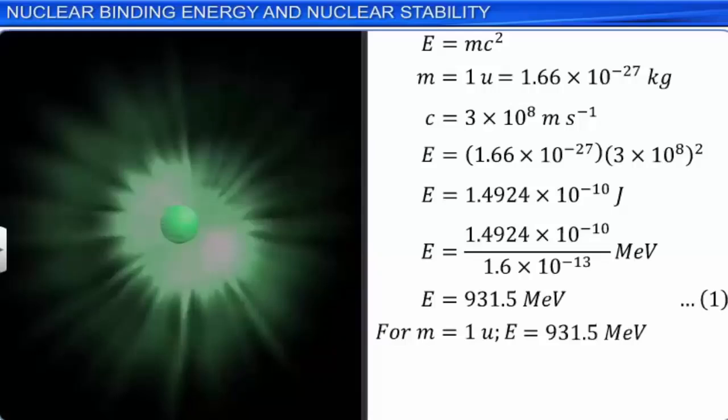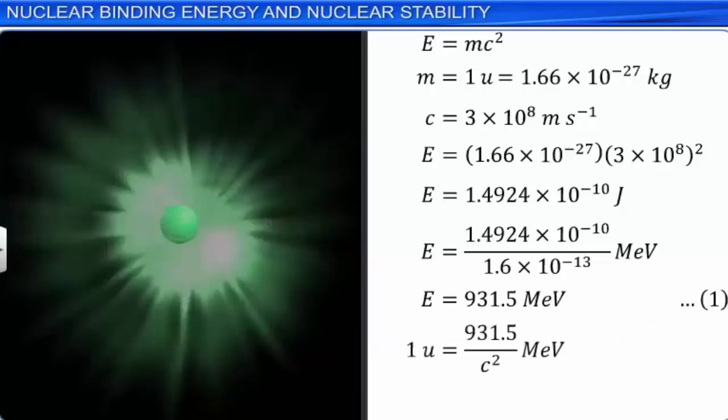For any mass m equal to delta m, the energy equivalent is given by E equal to delta m into 931.5 MeV. Therefore, we can say that 1 AMU mass is equal to 931.5 MeV by c². This is an enormous amount of energy release.